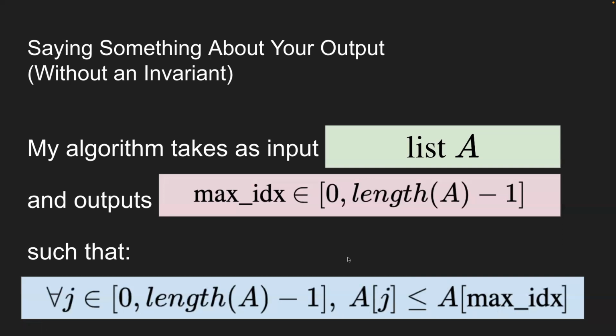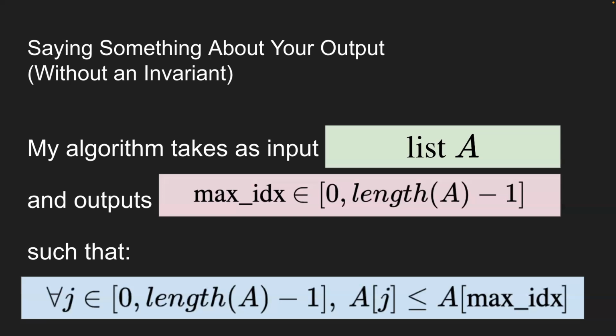So that's how I would express this property. This is how I could formally say what my algorithm does. Now, as I said, this isn't really an invariant, right? This is something I'm saying about my output. But I want something that's true for every step of my algorithm.